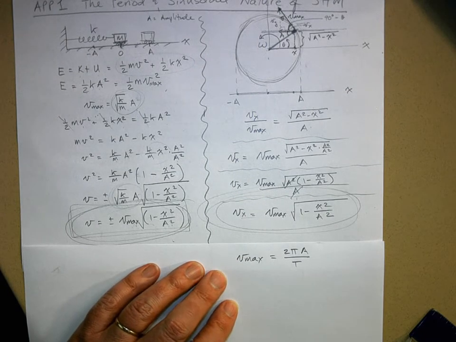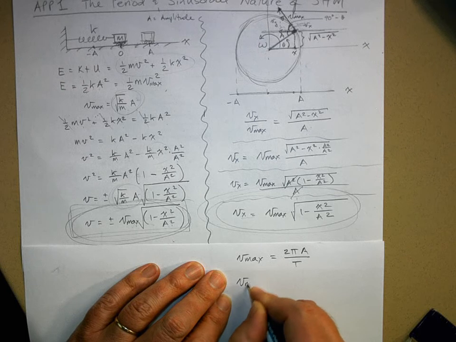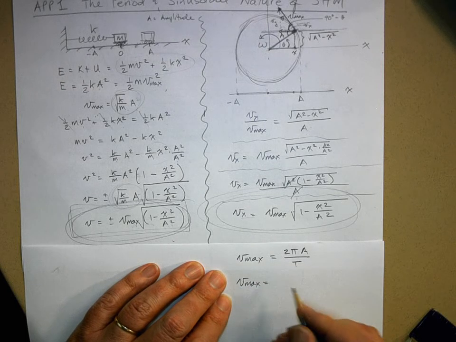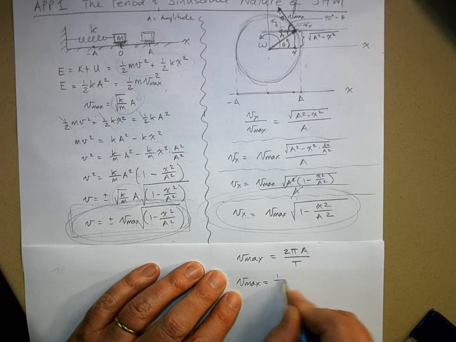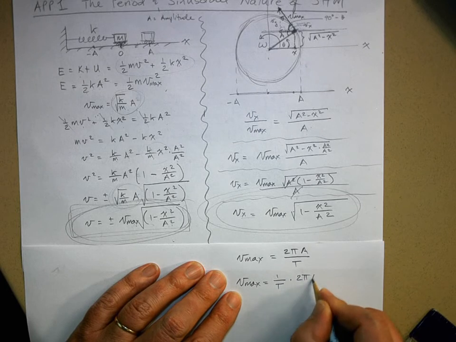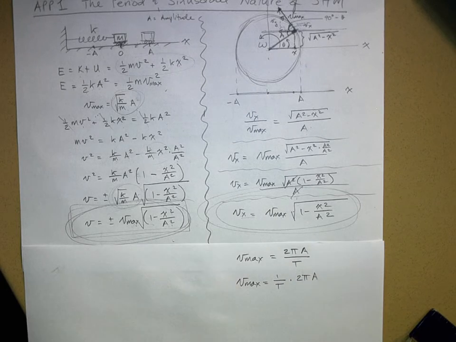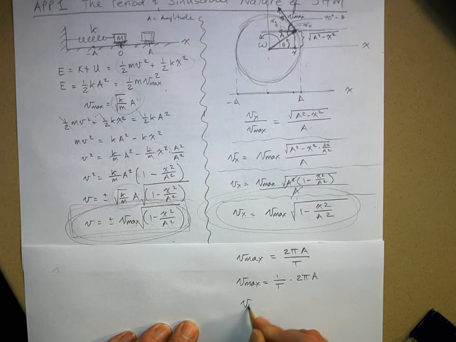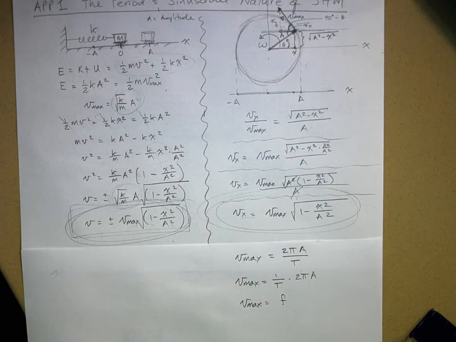Well, I'm going to rewrite this. The maximum velocity is equal to 1 over the period times 2 pi a. Well, what is 1 over the period equal to? It's equal to our frequency in hertz, frequencies in cycles per second.